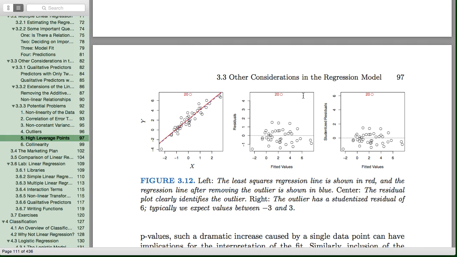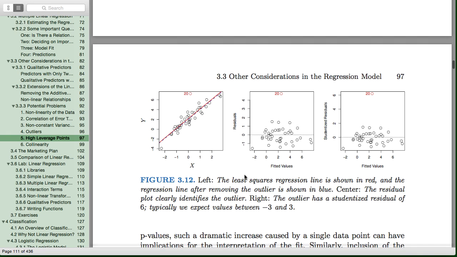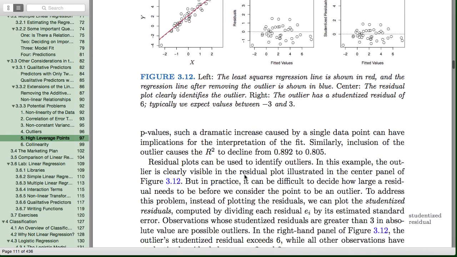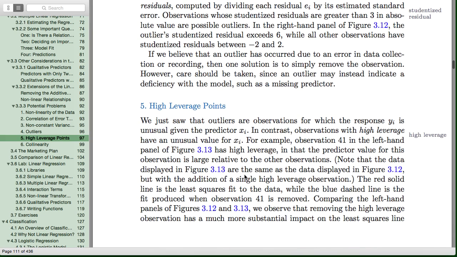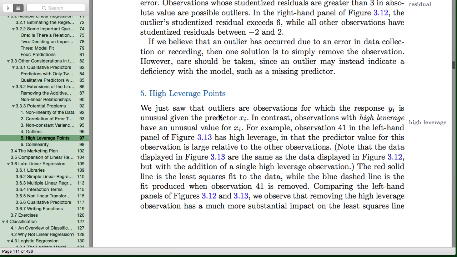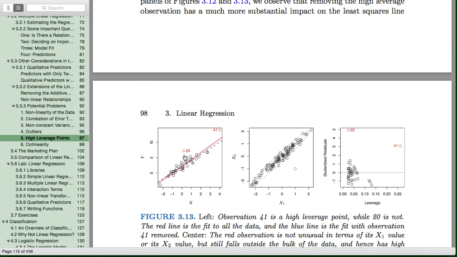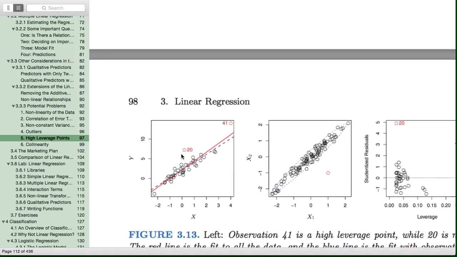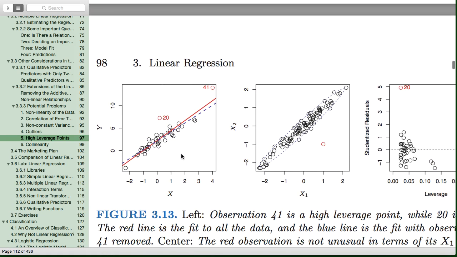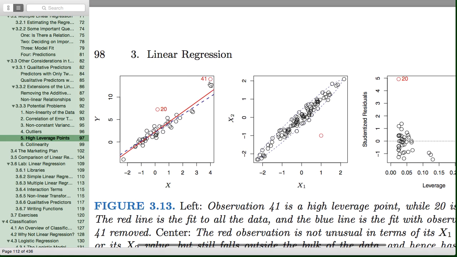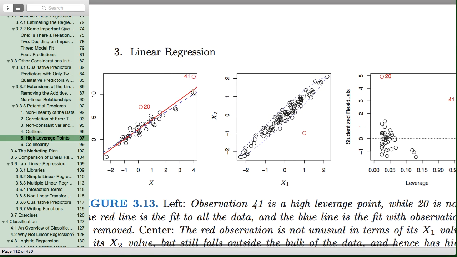Outliers sometimes are solid, valuable evidence. They're not necessarily just errors. There are certain outliers, though, that you probably need to remove. High leverage points. So here's our same outlier again, this point 20, but here's another outlier, point number 41 here. This outlier is quite powerful.